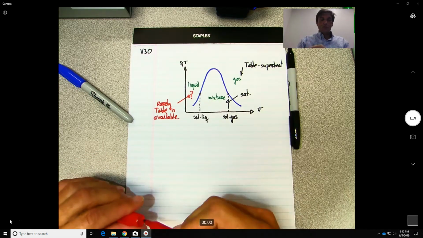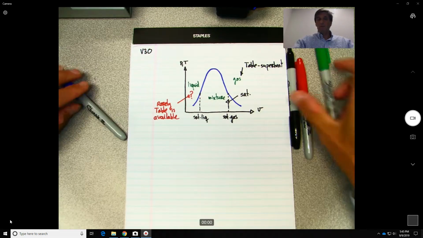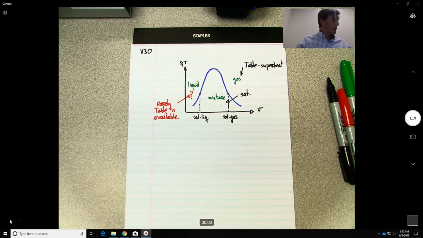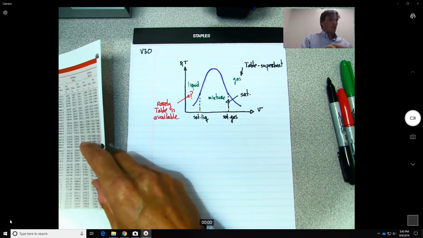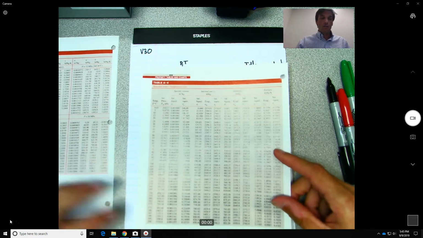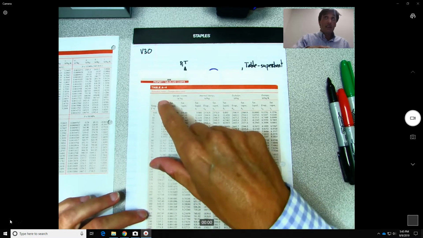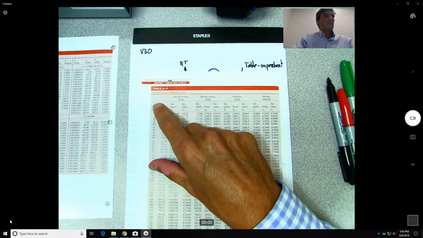Okay, so I'm going to show you one example over here, one example for the water. So the water, your textbook is one of the rare cases, if not the only one, that has the saturated, let's see if I can zoom in.